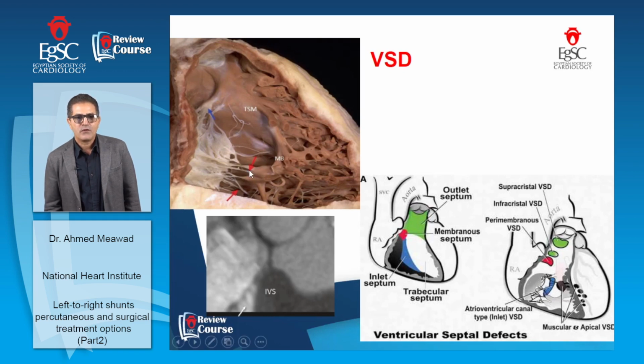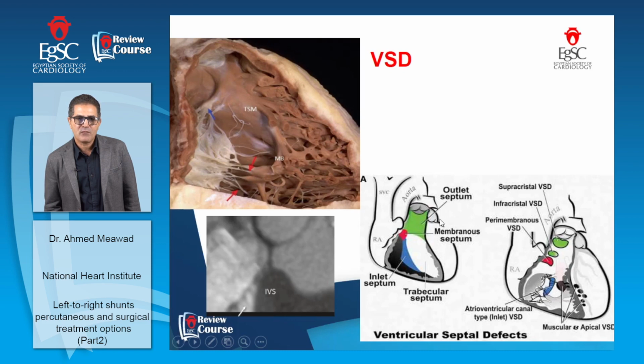The types of VSD may be below the AV valve at the inlet septum, or below the pulmonary valve in the outlet septum, which is called subpulmonary or doubly committed VSD, at the trabecular portion, or at the membranous septum.